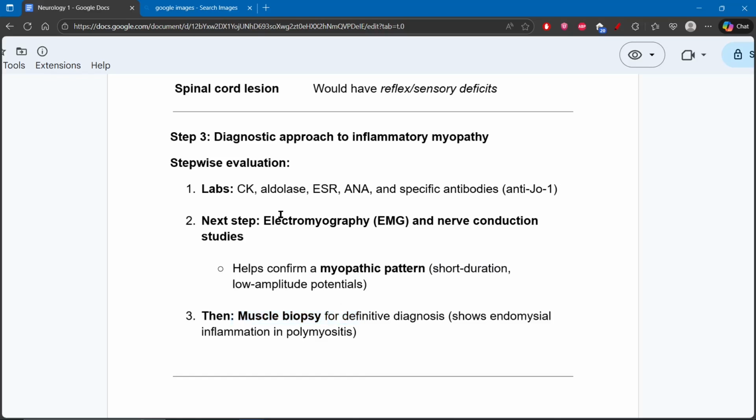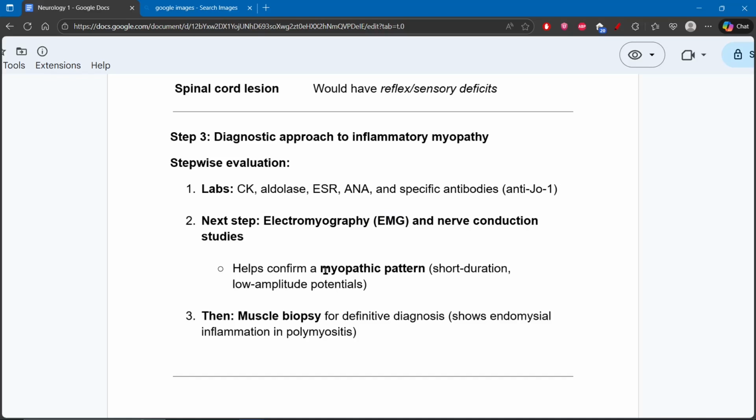So there are three questions from this that they could ask you. The underlying situation might be the same. They might give you an inflammatory myopathy, but they can ask you the first step or the first test. That would be the labs. Then they might already give you the labs, and then they may ask the next best step, which is the electromyography and nerve conduction studies.